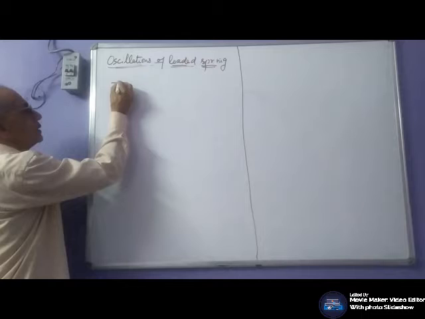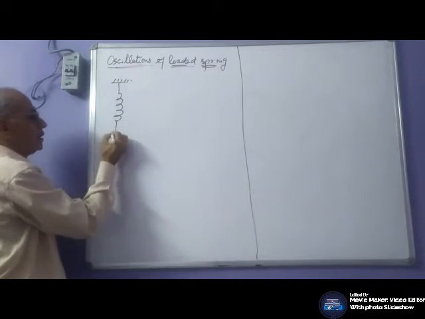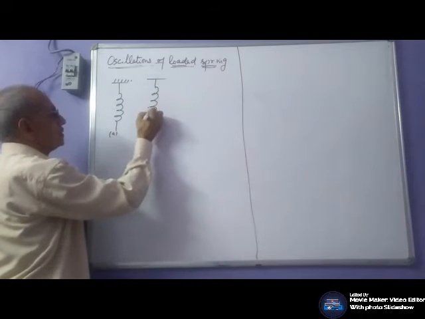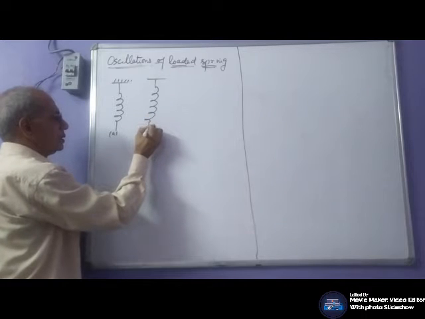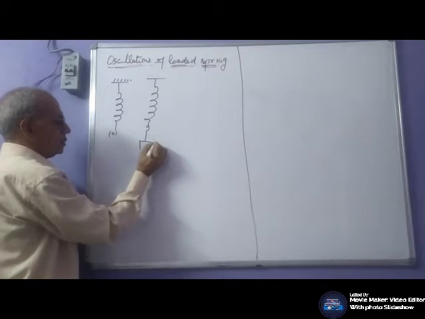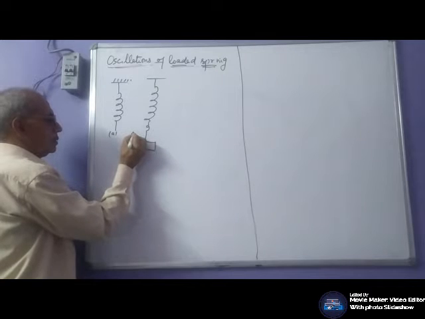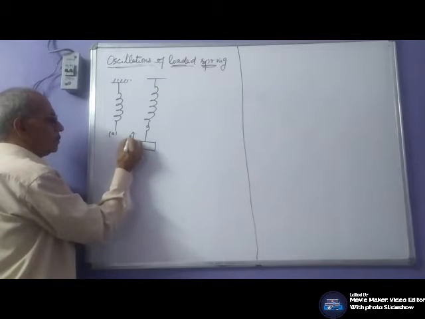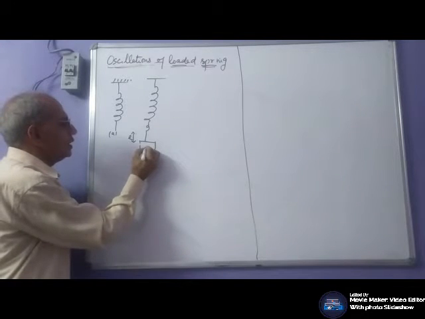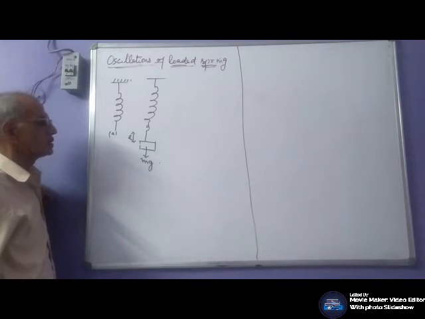So this is a spring A. This spring is loaded. This is the length extended when it is loaded. Mass M is attached.